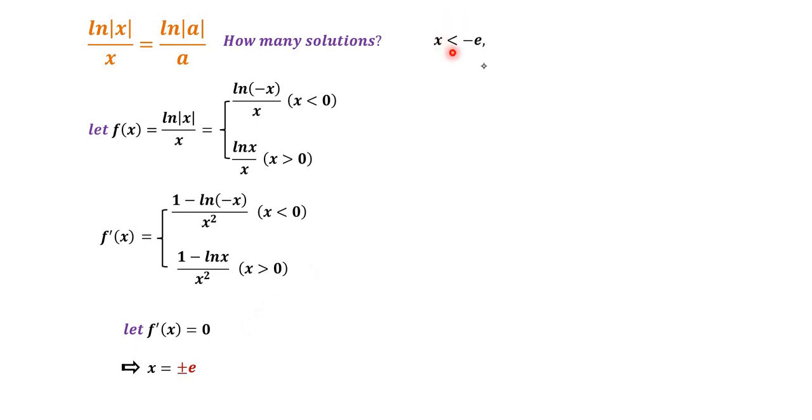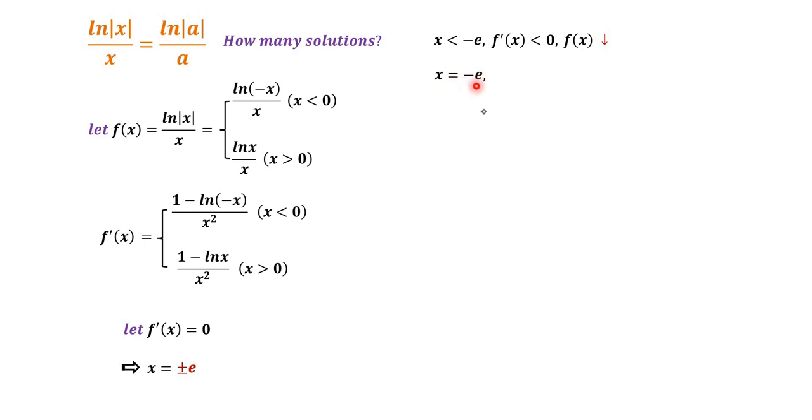When x is less than -e, so x is negative, f'(x) is going to be negative, and f(x) decreases in this range.